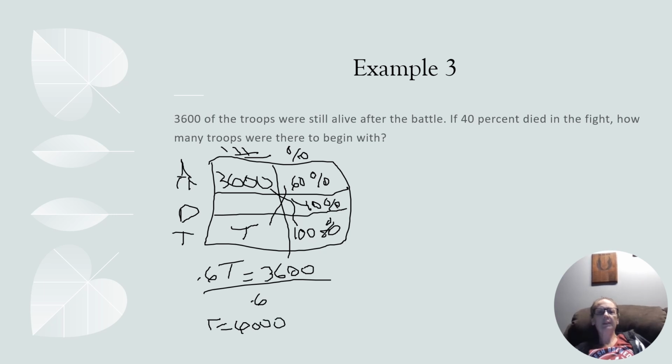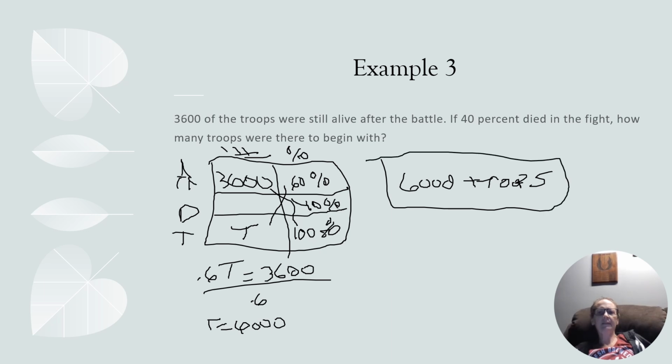So there were originally 6,000 troops. And that's a 6,000, not a D. So there you go. All right, let's move on.